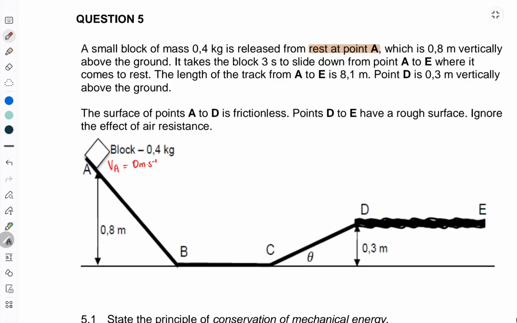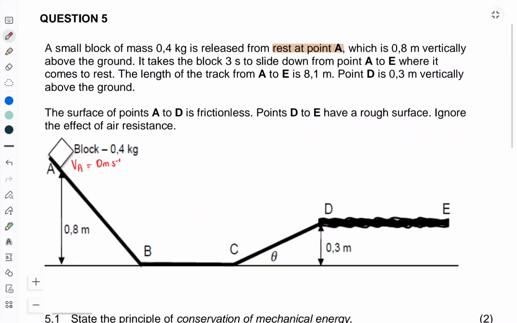Now it takes the block 3 seconds to slide from point A to point E. This whole path from point A to E, it takes the block about 3 seconds to complete.